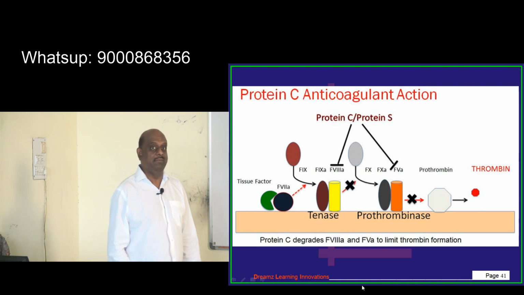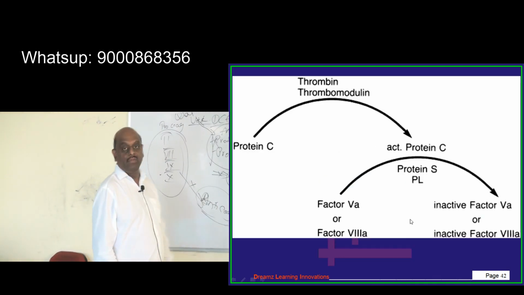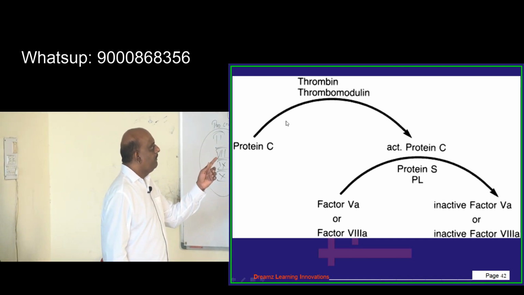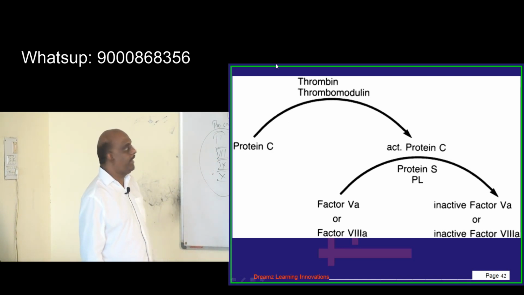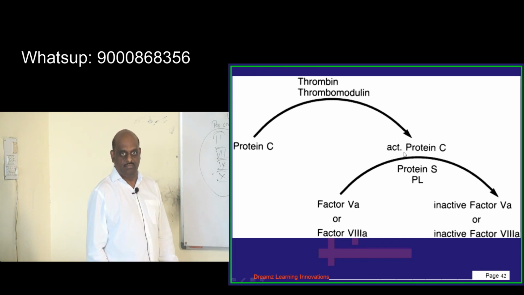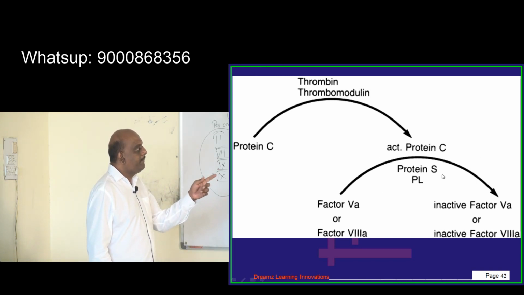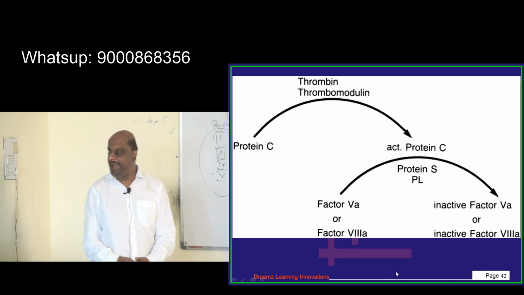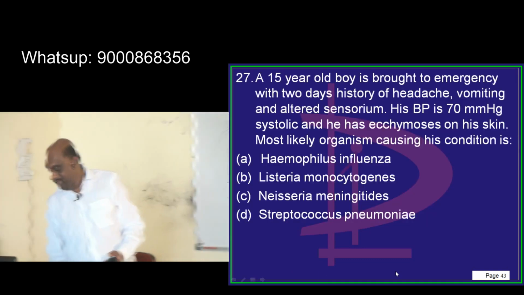Factor V Leiden mutation is what you need to remember. So protein C will be stimulated to form active protein C by the thrombin. The active protein C and protein S together, they will lead to the inactivation of the factor 5A and factor 8A is what you have to basically remember.